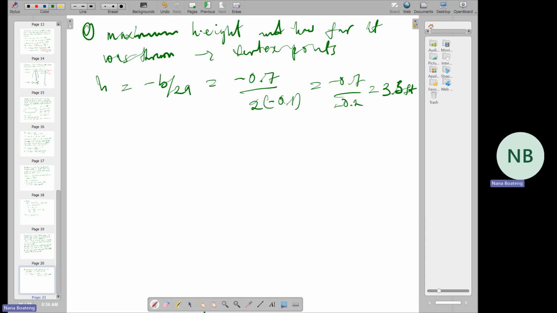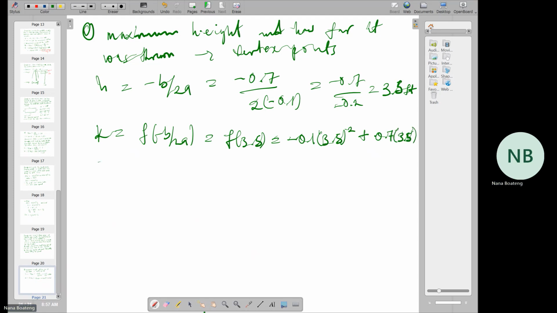And A, the maximum height is equal to f of minus b divided by 2a, which is f of 3.5, which is equal to minus 0.1 times 3.5 squared plus 0.7 times 3.5 plus 5, equals 6.225.